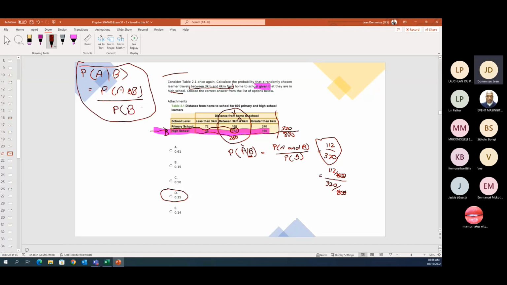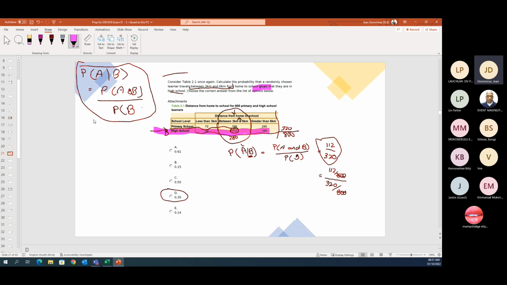So if you ever see the word given in the exam, you know you're working with a conditional probability. And then you just follow the rules for conditional probability.